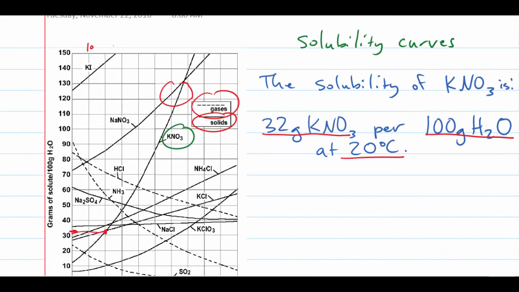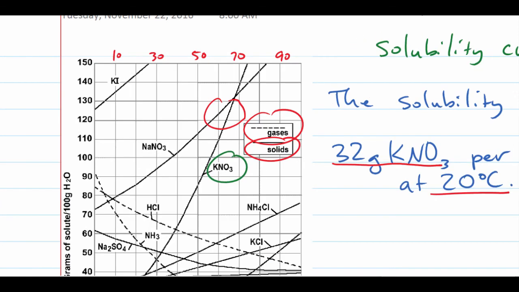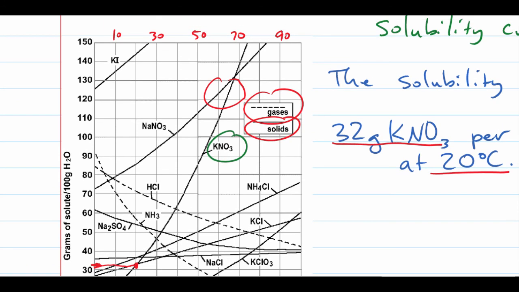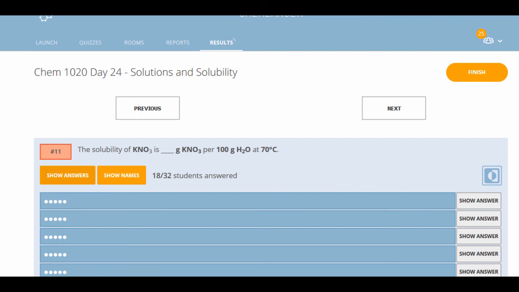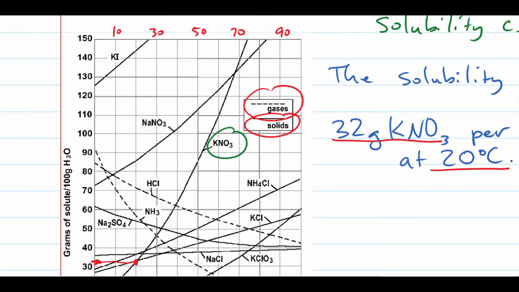This is 10, 30, 50, 70, 90. So again, enter in a value. We'd like to know the solubility is how many grams of KNO3 per 100 grams of water at 70 degrees Celsius.